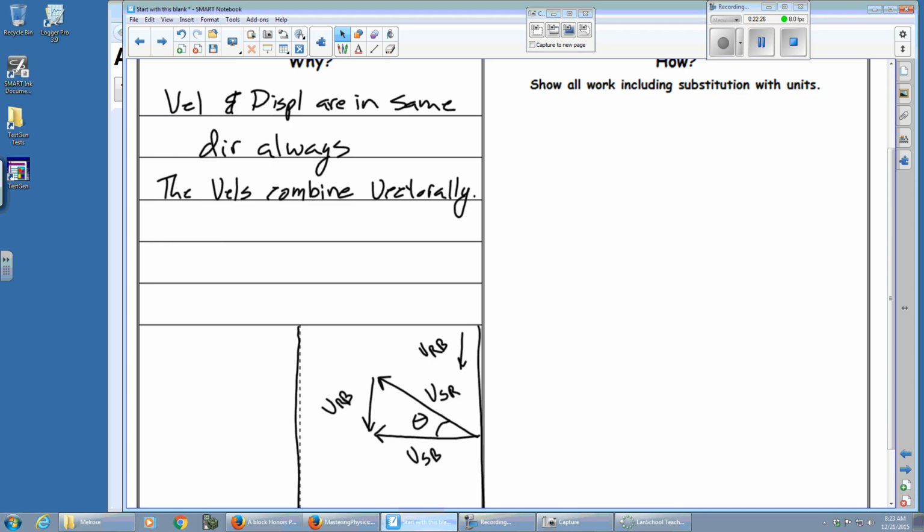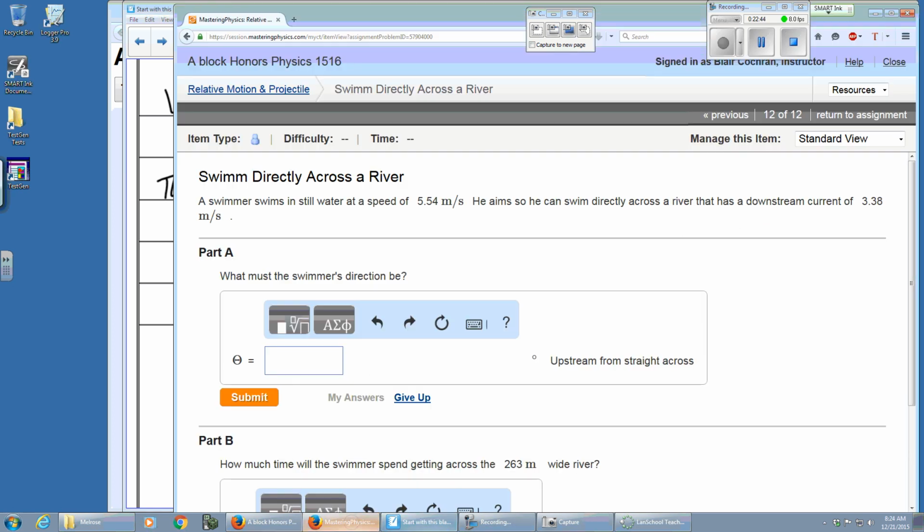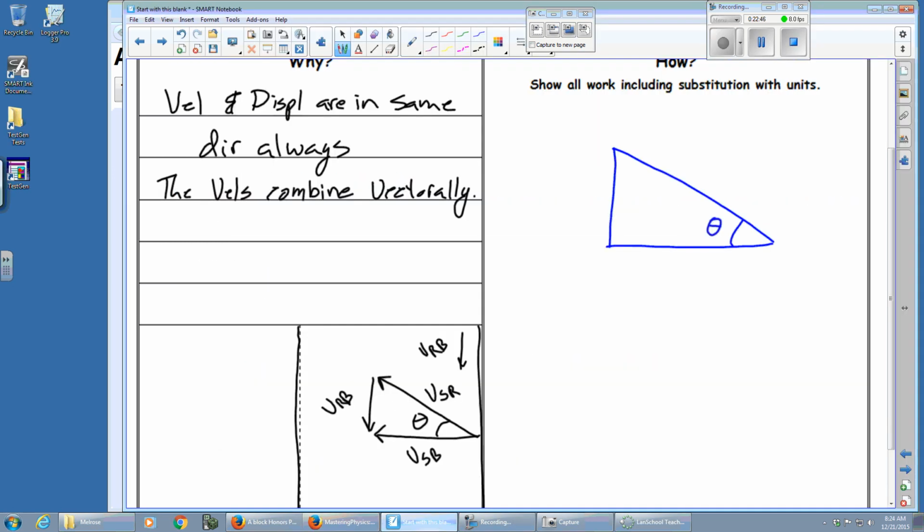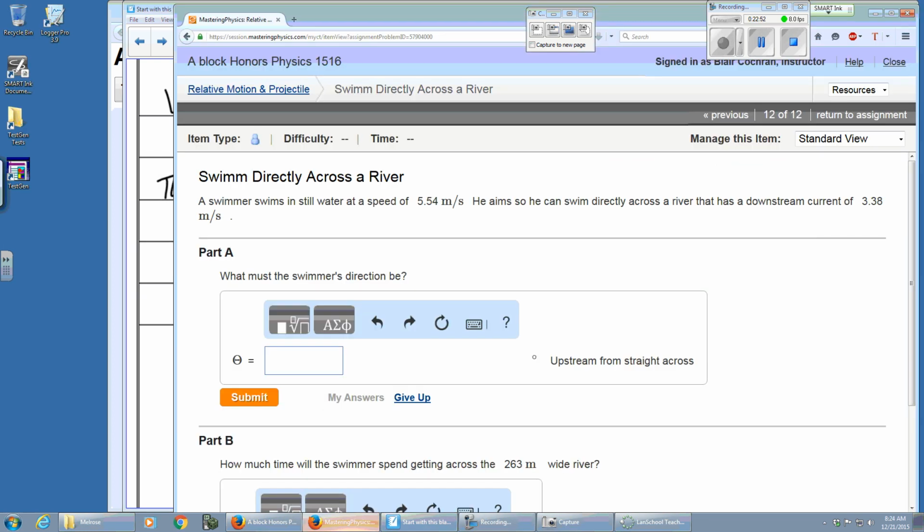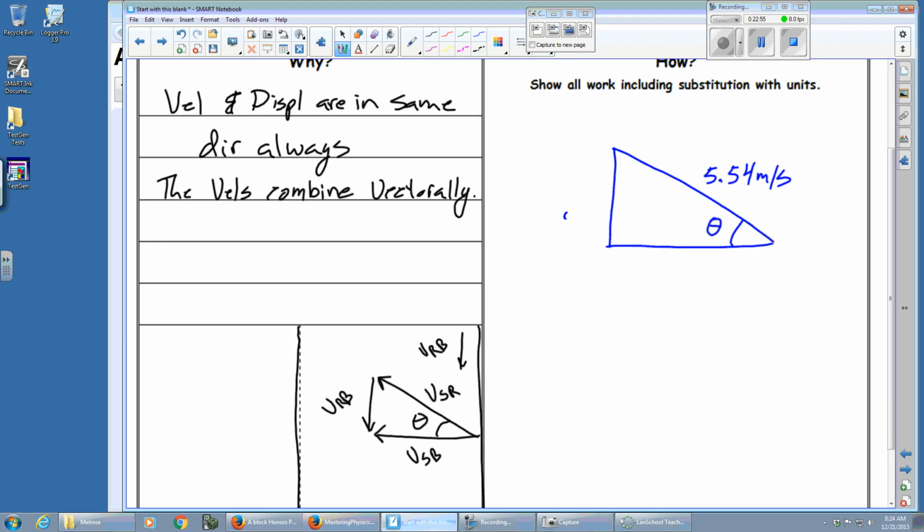So I'm just going to redraw my triangle over here and draw it as a geometric figure rather than a vector triangle. Notice I've dropped the arrows. Remember, on that vector diagram, you have to have the arrows. This is still theta. This is 5.54 meters per second, and this is 3.38 meters per second. It's a right triangle. So opposite over hypotenuse will give me sine.